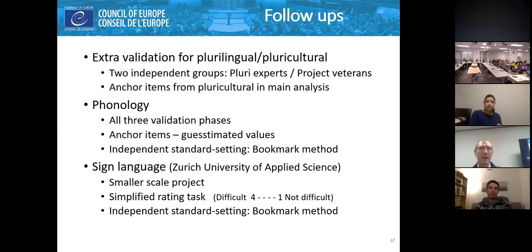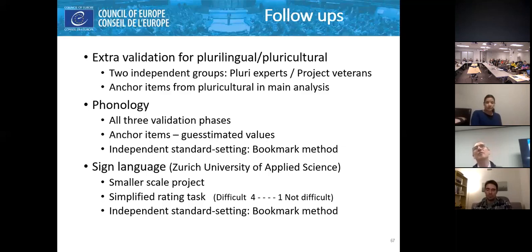email. And then there was a separate one on phonology, as I mentioned, which Enrica organized, which went through all 3 validation phases. But we had some anchor items, but we also, because of the fact we were replacing the old scale, we did not want to anchor to the old scale, because that would have been self-defeating.